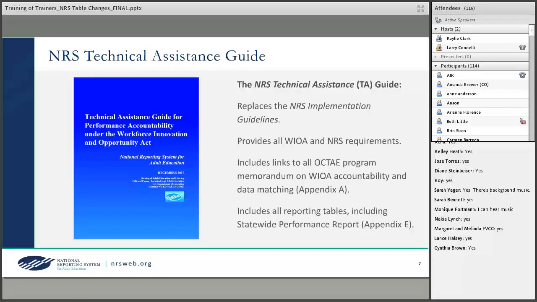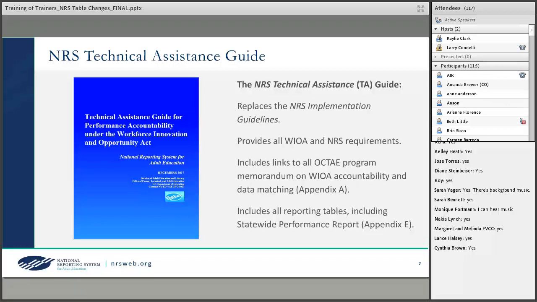What we did in this guide is we updated everything to WIOA, and we put all of the WIOA requirements and NRS-specific requirements around reporting and accountability in one place for you. So it includes links to some of the OCTAE and WIOA program memoranda on accountability that are common to all the partners, and includes all of the reporting tables.